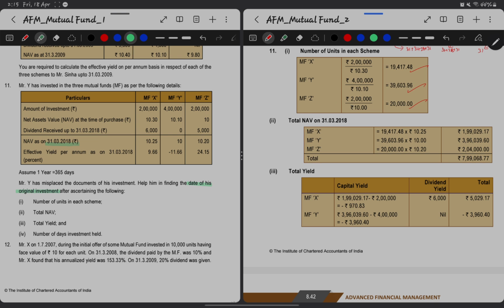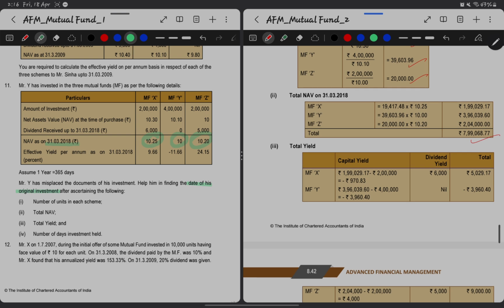So obviously the NAV at the time of purchase will be the same as the investment. The NAV as on 31/3/2018 we have to find out, so it will be the number of units multiplied by the NAV as on 31st March 2018. Multiplying with these market prices, we get the NAV as 7,99,068.